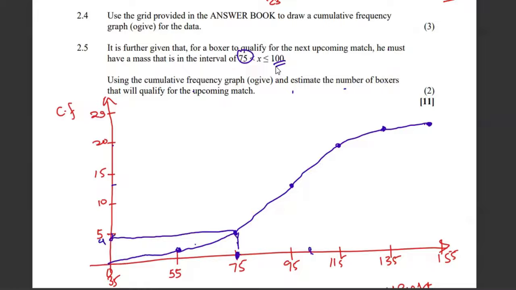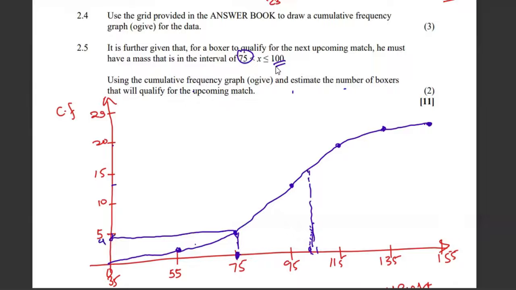Then we also need to look for 100. So we have 20 in one interval. Okay, so if I have a 10, that's going to be 105. So roughly from somewhere there. Then I stretch that line up until it meets the cumulative and take my reading.